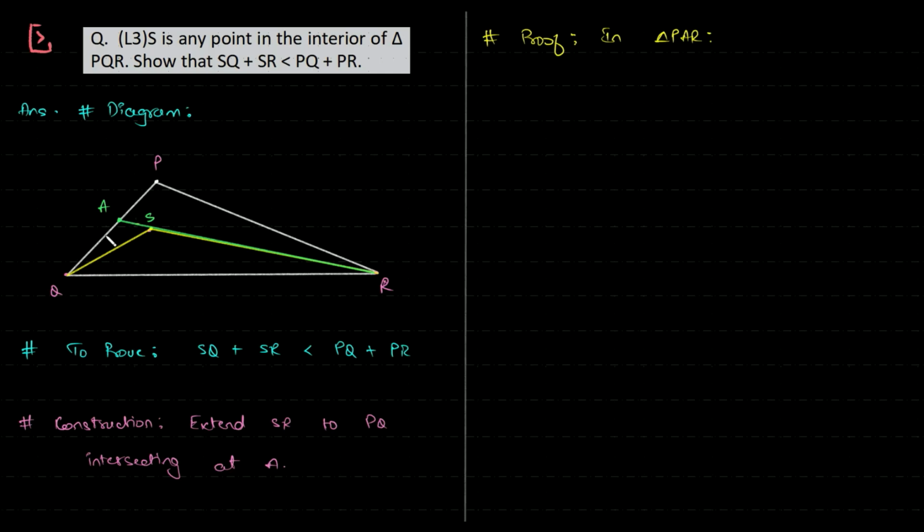The sequence of things: PR and the other end should be, okay, so I got it. At one end we have PR plus PA, which should be greater than RA. Agree? Why is this possible? Because of the triangle inequality.